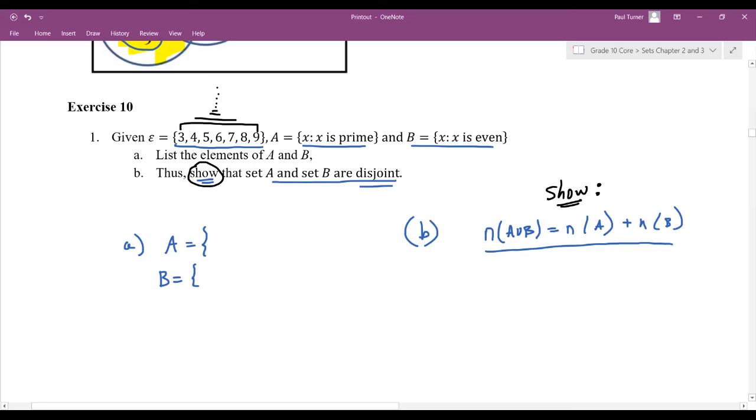Your next homework for sets will cover all of these topics together. So it's quite a lot, and we've not actually finished everything yet.